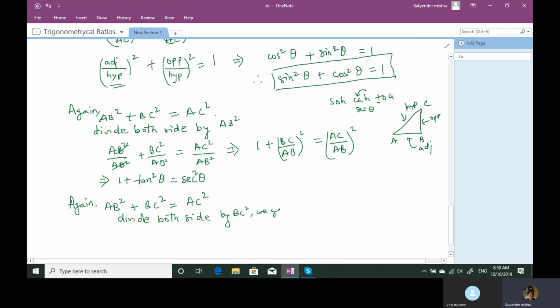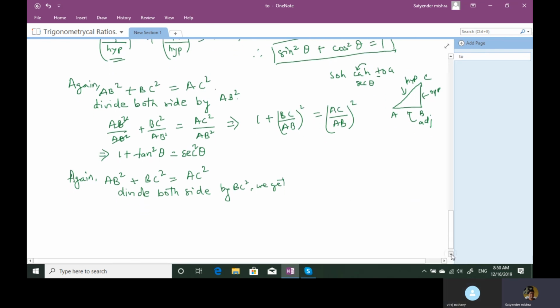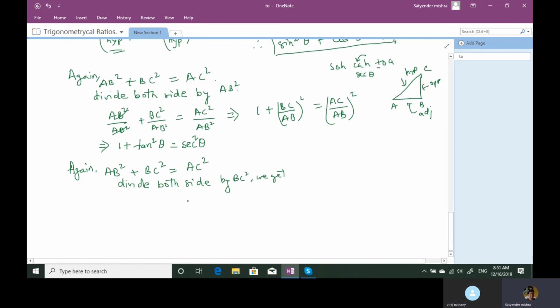We get AB square by BC square plus BC square by BC square equal to AC square by BC square.